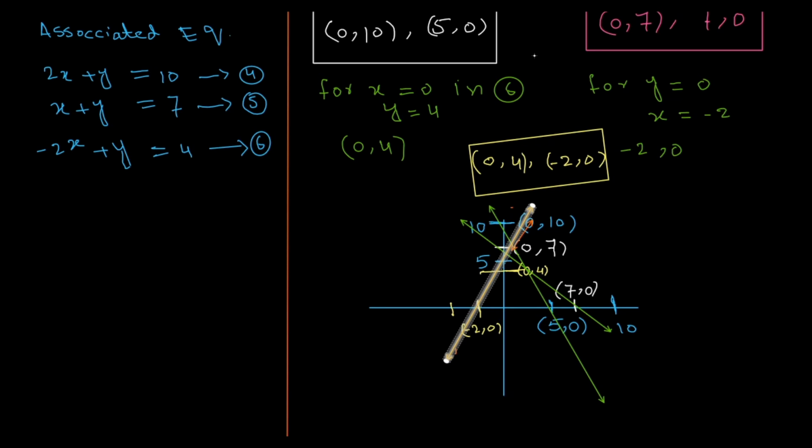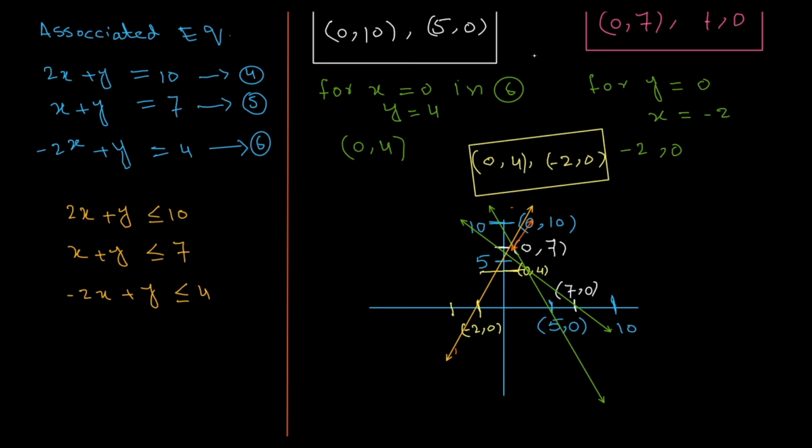Remember that to find the region, our inequalities are, if I write the inequalities once again: 2x plus y less than or equal to 10, and x plus y less than or equal to 7. The next is minus 2x plus y less than or equal to 4.